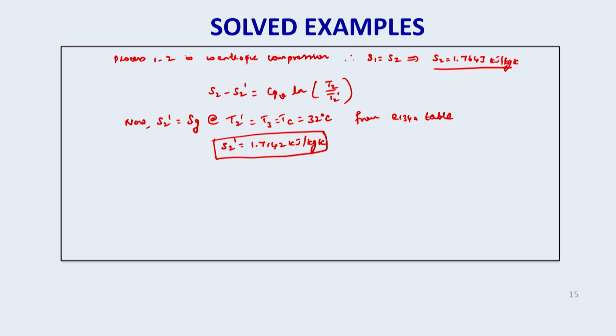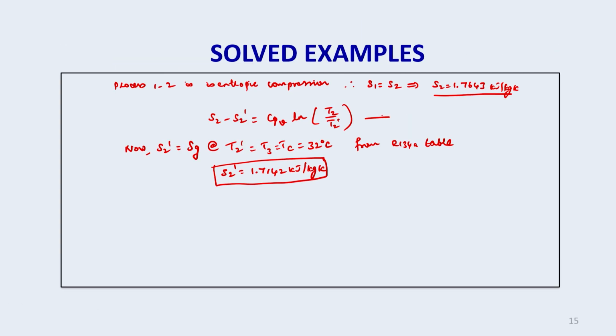Now we have to substitute this value. Let this be equation number 3. Substitute the values of S2 dash, Cp of vapor.